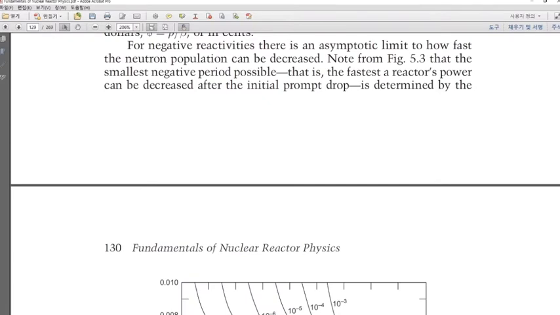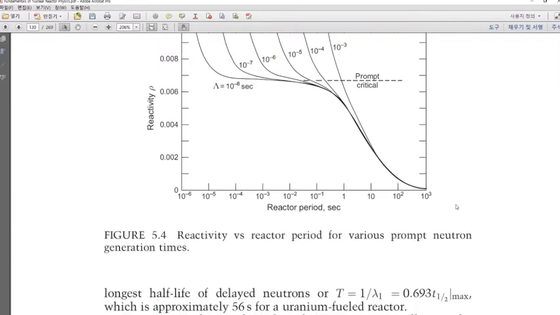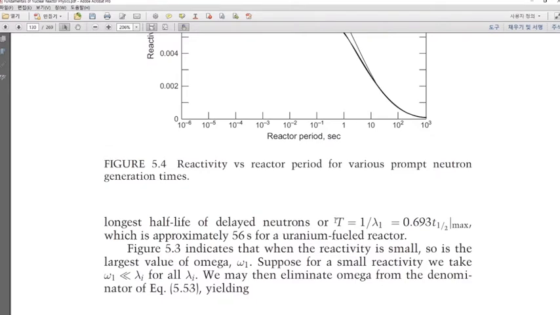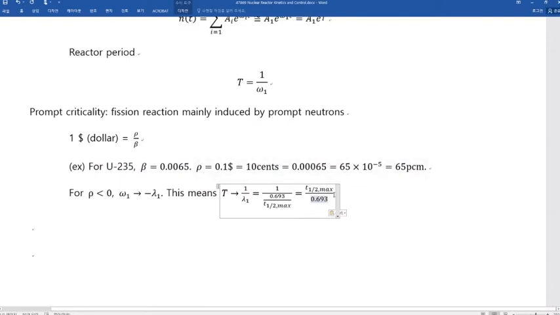In this explanation, it should be T half-life max divided by 0.693. This 0.693 should be placed in the denominator, not the numerator, as we can see in this equation. So this is approximately 56 seconds.